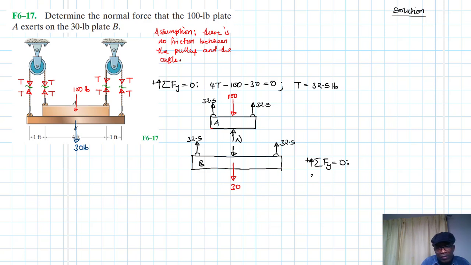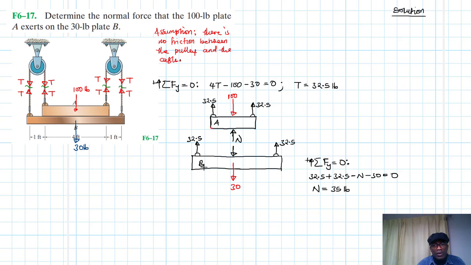So we have 32.5 plus 32.5 minus N minus 30 equal to 0. This normal force is therefore going to be equal to 32.5 by 2 minus 30. So we get our normal force equal to 35 pounds.